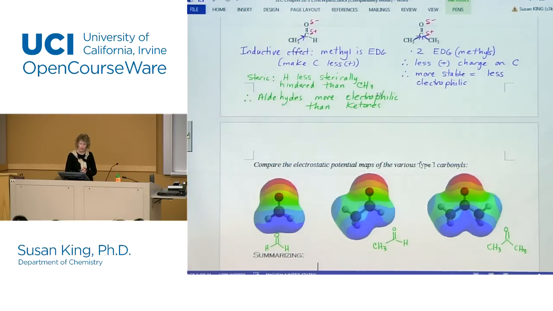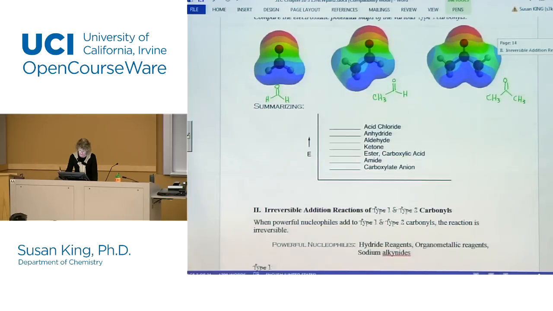And so allegedly, I don't know how well it shows up, but the formaldehyde with two hydrogens is definitely more blue than acetone. Does it look like that way to you, or I'm just kind of making it up? Depending on how the picture is drawn, I think it looks more blue. And it is. It's more electrophilic. So formaldehyde, more electrophilic than acetaldehyde, more electrophilic than acetone. Okay, so you can clearly see that. Let's summarize all these together.